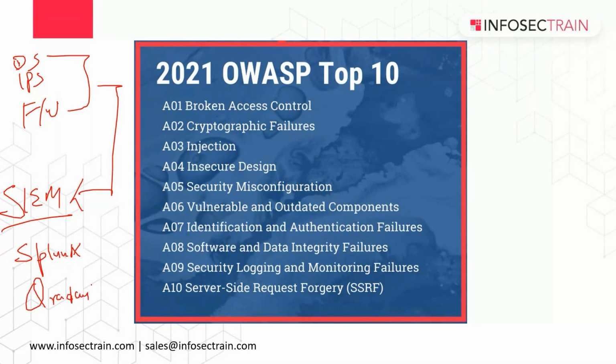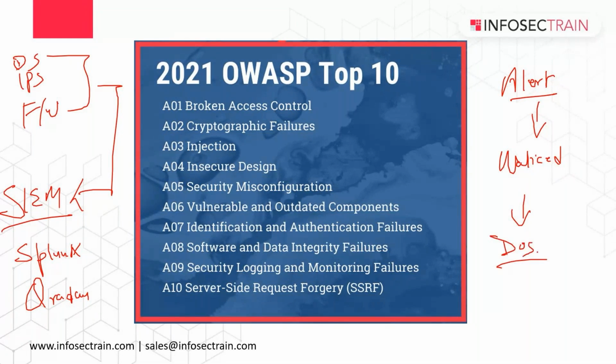These are the solutions. So you have to implement proper logging and monitoring so that if there is any alert generated, that alert should be noticed by you, right? So if someone is sending lots and lots of data to your application, that means it is a DoS attack. Someone is trying to perform a DoS attack on your web application, right?